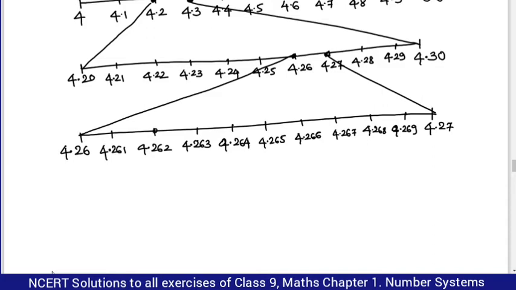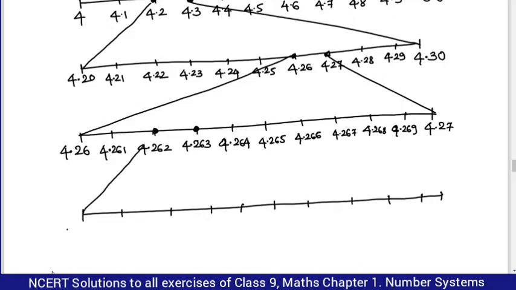Now this 4.2626 lies in between 4.262 and 4.263. Again draw a number line with the endpoints 4.262 and 4.263. Mark in between lines also.